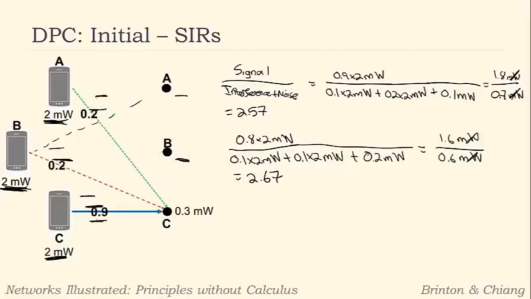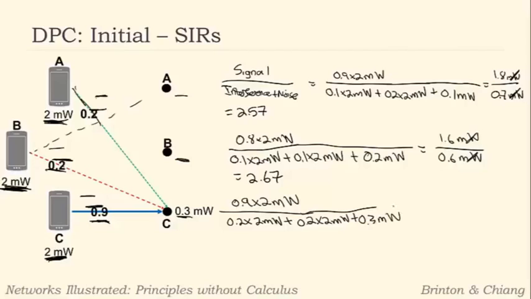We have 0.9 times 2 as the signal. Then for the first interference, we have from A 0.2 times 2, plus from B, we have 0.2 times 2, plus then the noise in C is 0.3 milliwatts.